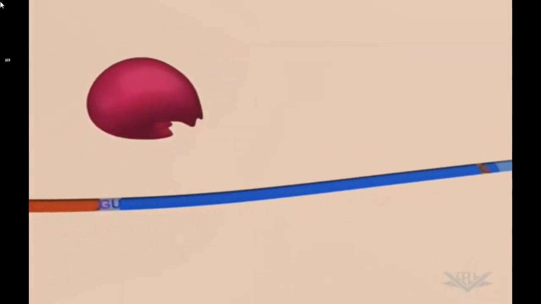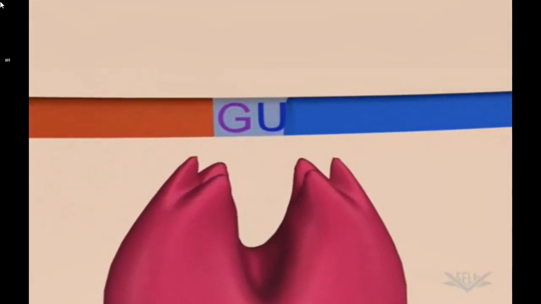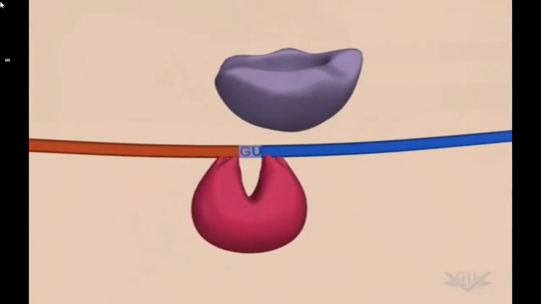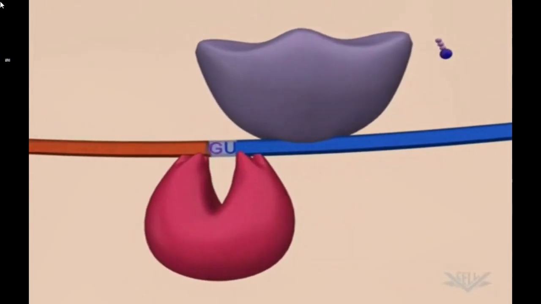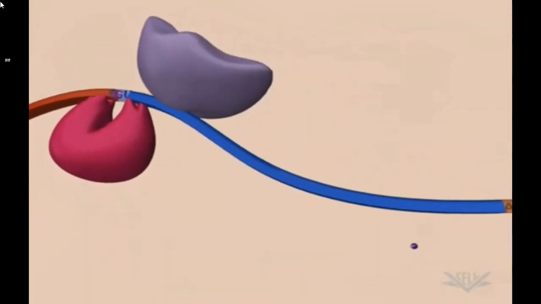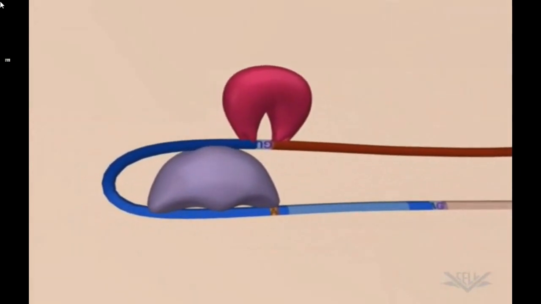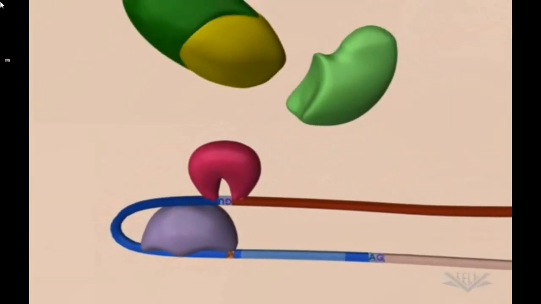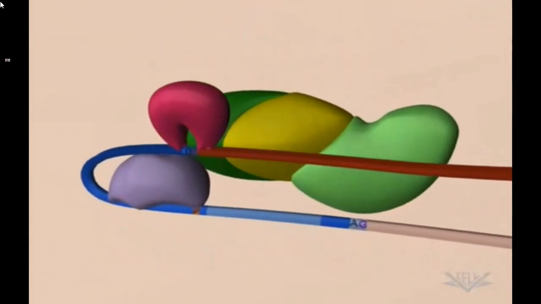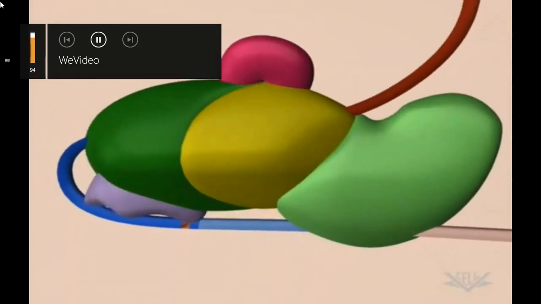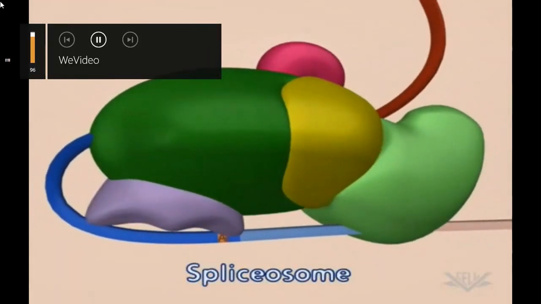Splicing is mediated by the spliceosome, which consists of several protein RNA complexes. The first step involves 2 complexes that bind near the GU sequence. The RNA is then looped, and 3 other protein RNA complexes bind. This final complex then undergoes a conformational change.